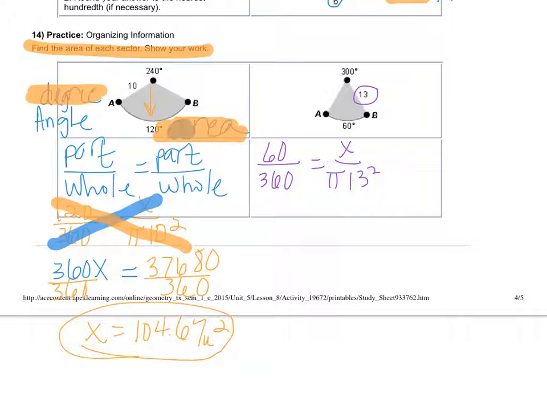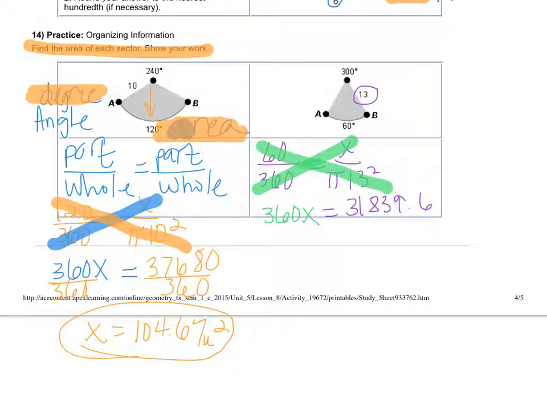Now, the next step you want to do is cross multiply: 360 times x, 360x, and 60 times pi times 13 squared equals 31,839.6.